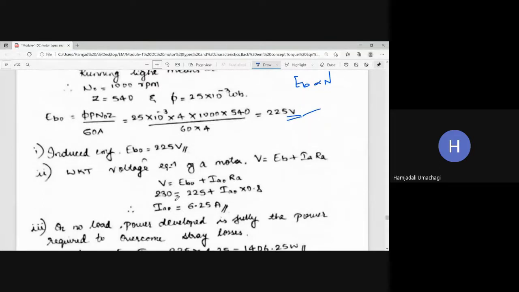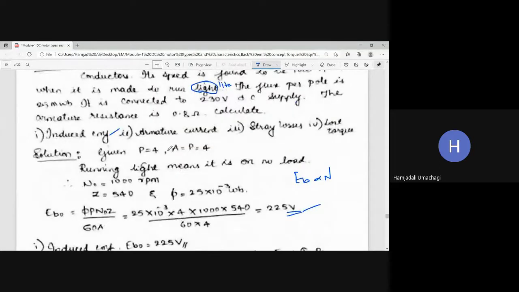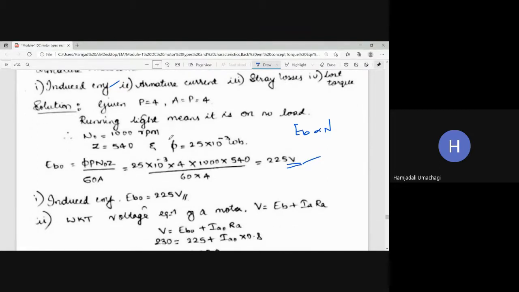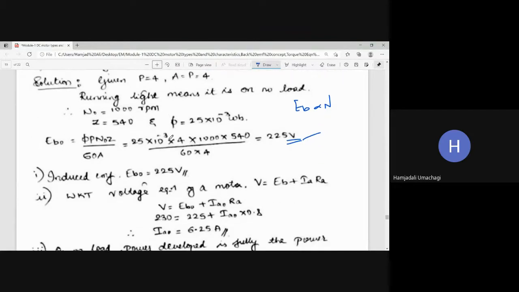Then coming to the second parameter, we need to calculate armature current I_a. Since it is running at light load, almost no load, the armature current becomes the no load armature current.